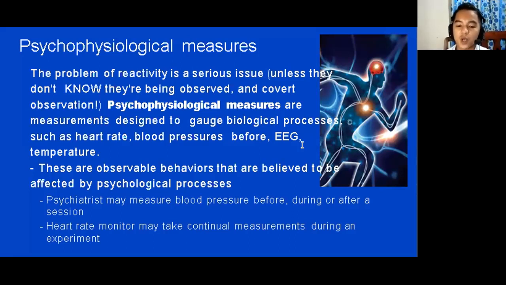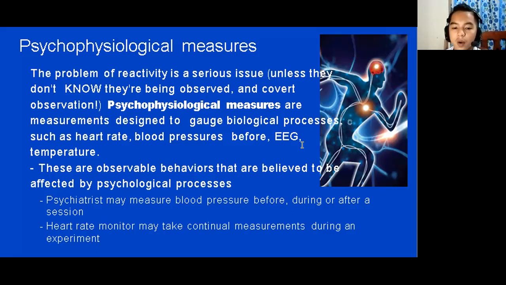So it is efficient to have some psychophysiological measures like the heart rate or the blood pressure because it is very important to be indicated in our behavioral assessment data. Psychophysiological measures are measurements designed to gauge biological processes such as heart rate, the blood pressure before, during, after the assessment, the EEG, and the temperature during the assessment.